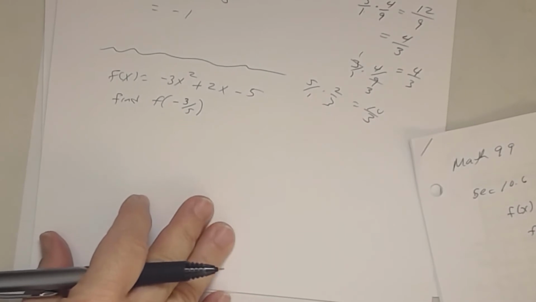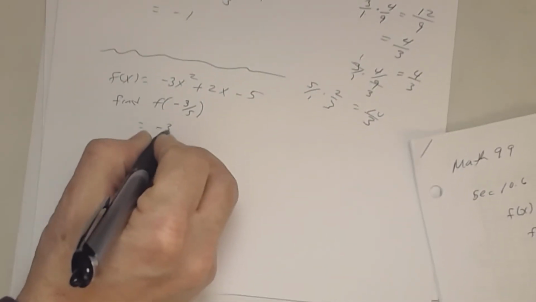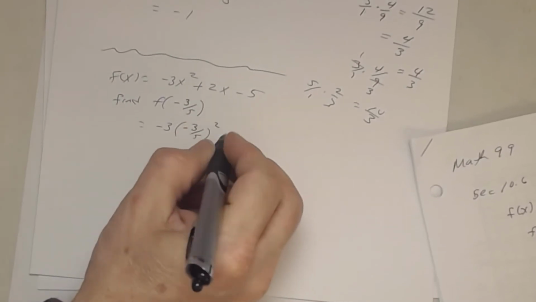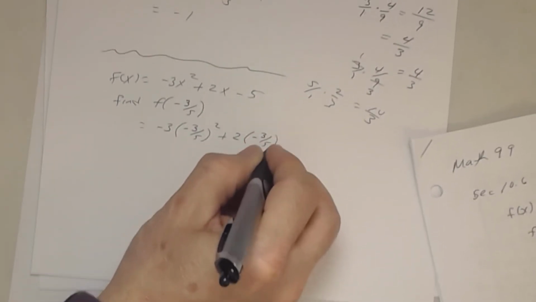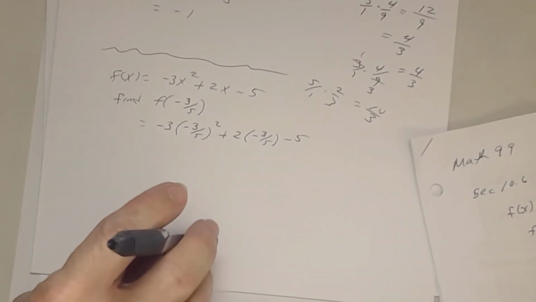So wherever we see the variable x, what do I substitute? -3 fifths. So I'm going to get -3 times -3 fifths squared plus 2 times -3 fifths and then minus 5. You agree? All right.